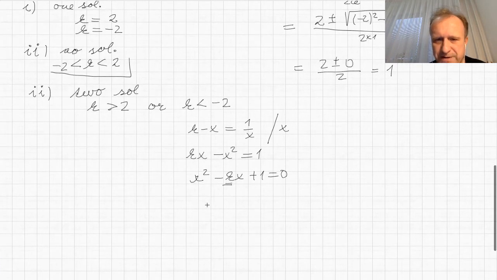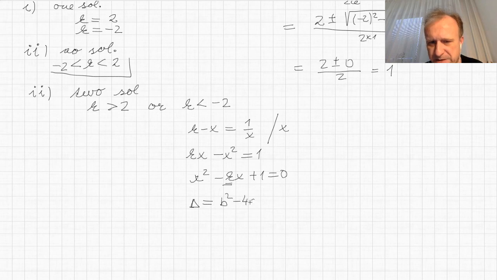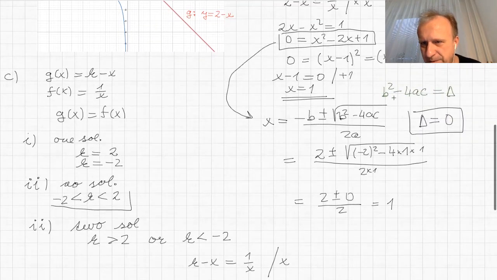And you know that any quadratic equation may have either two different solutions or one double solution, or it may have no solutions at all. All that depends on the value of the discriminant, which is b squared minus 4ac, as mentioned here already.